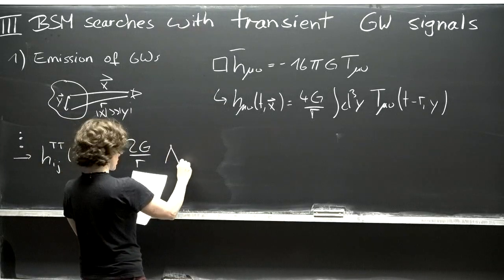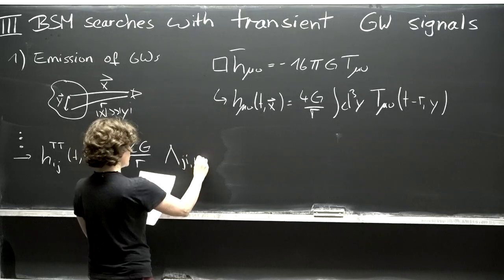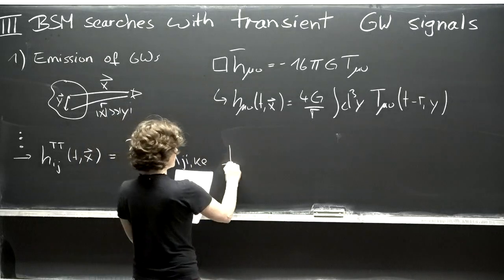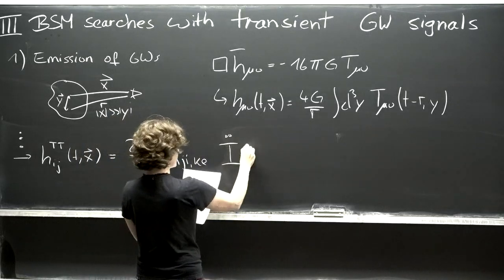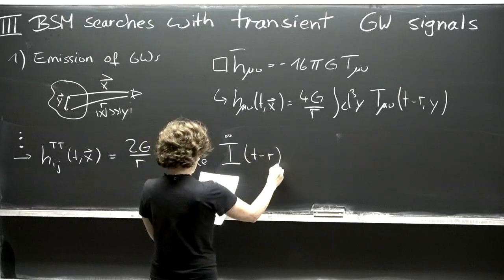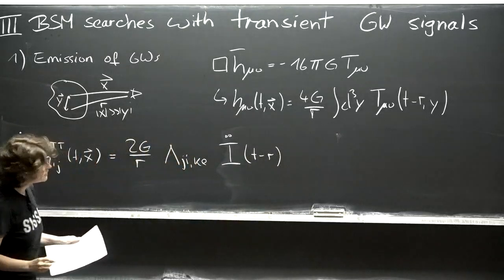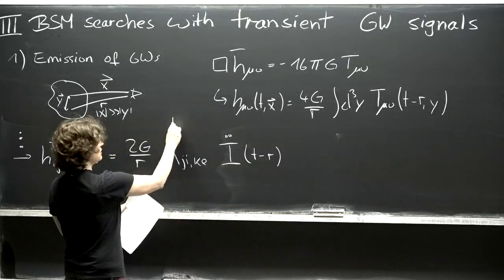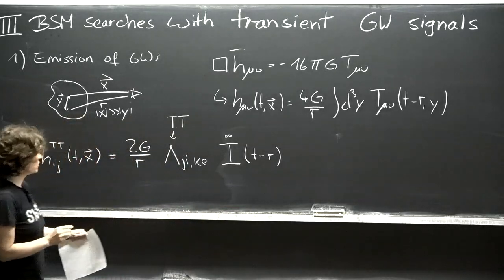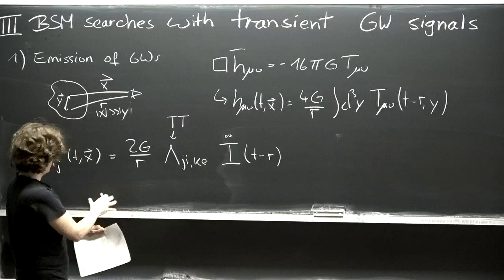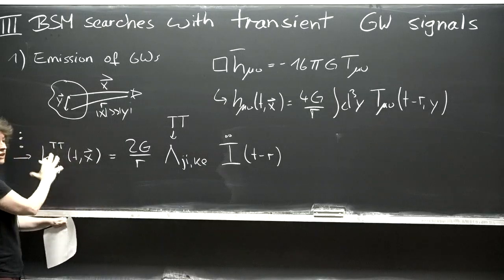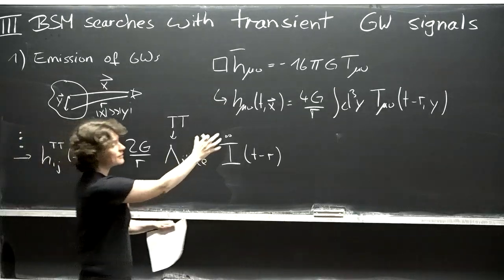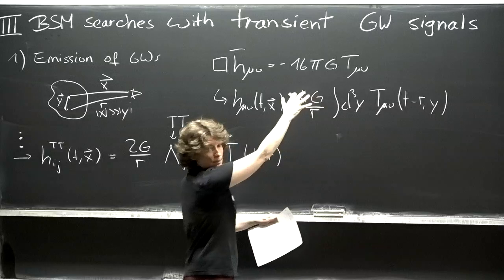Then we have a projection operator, and then we have the second derivative of the quadrupole moment evaluated at the retarded time. So this projector here is the TT projector. So it just makes sure that whatever you did on the left-hand side to get this into TT gauge, you have to do the same on the right-hand side.